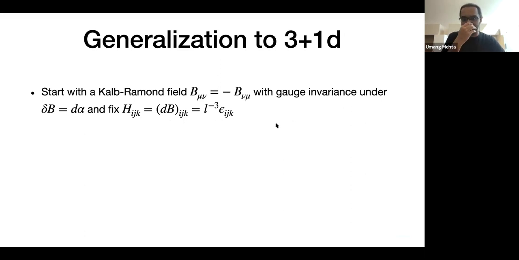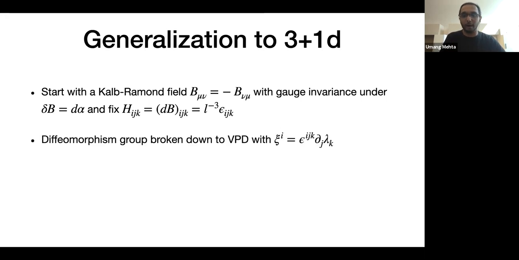Once again, this breaks diffeomorphisms in 3+1D down to volume preserving diffeomorphisms, which are now characterized by a coordinate transformation given by the curl of a vector field lambda instead of a scalar field as we had before.